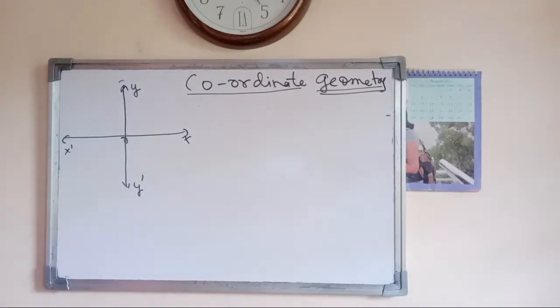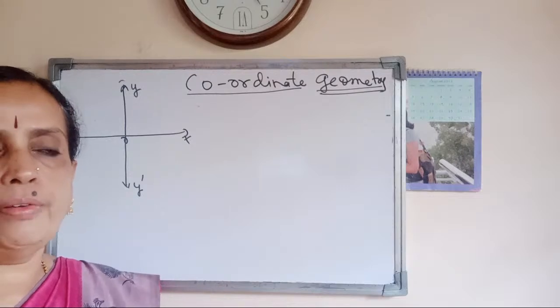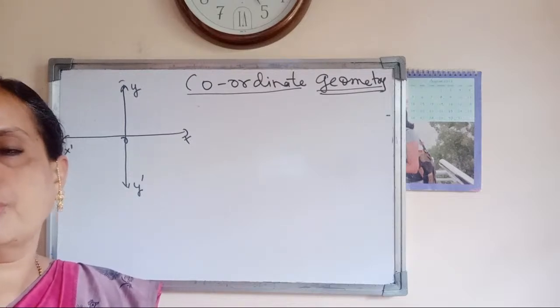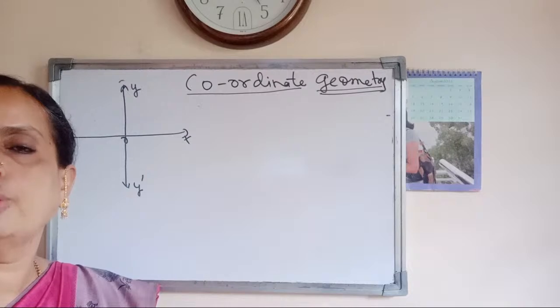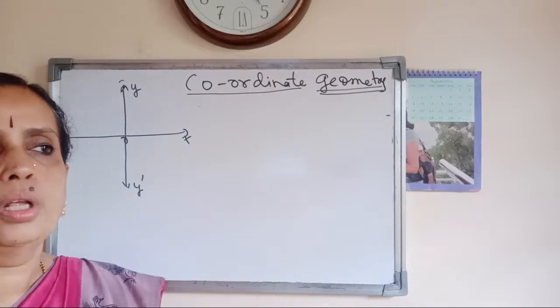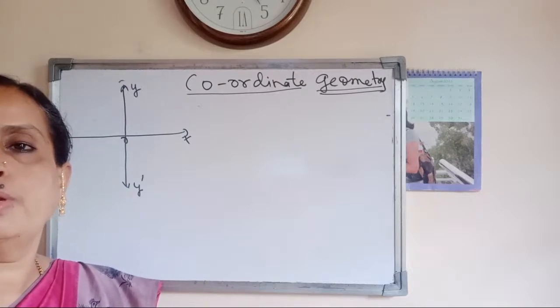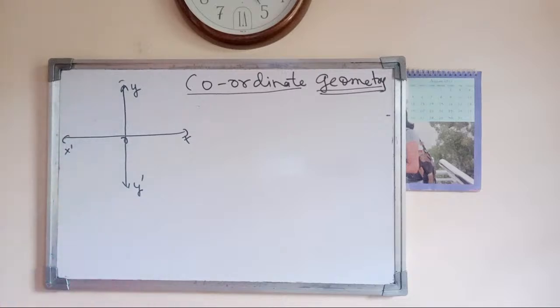Like that, we also used to plot the graph of an equation on the Cartesian plane. Now, in this chapter, we are going to find the distance between any 2 points on the Cartesian plane.